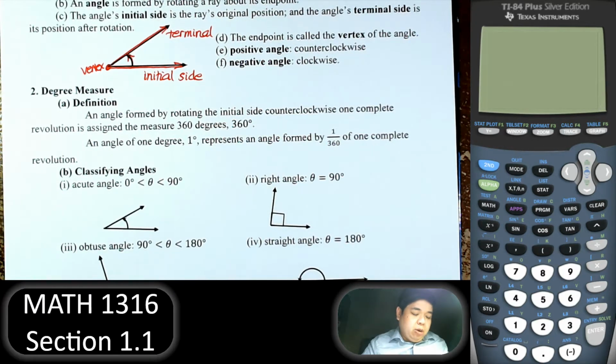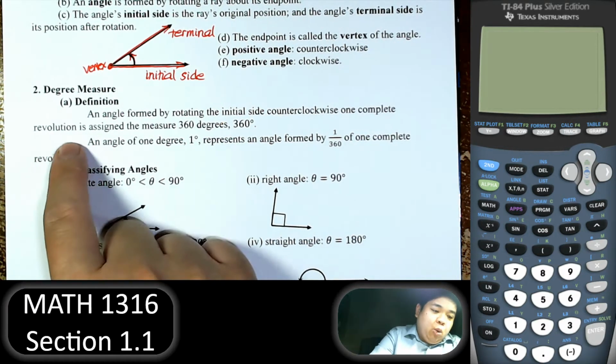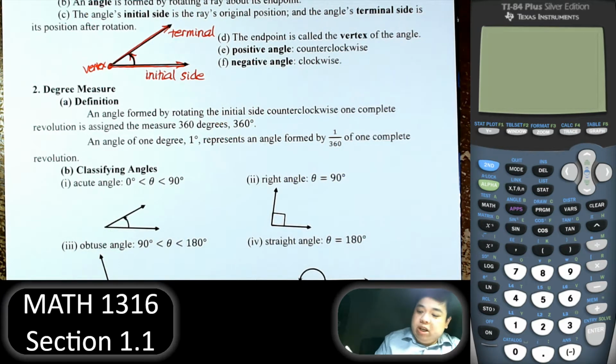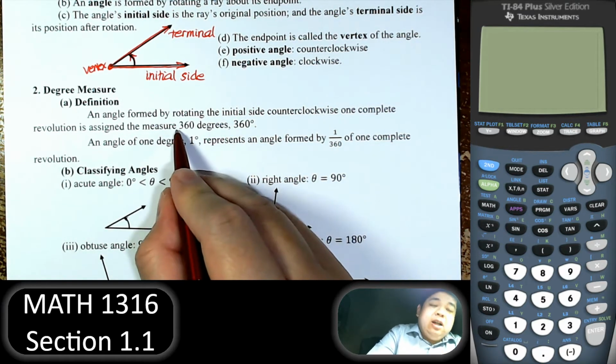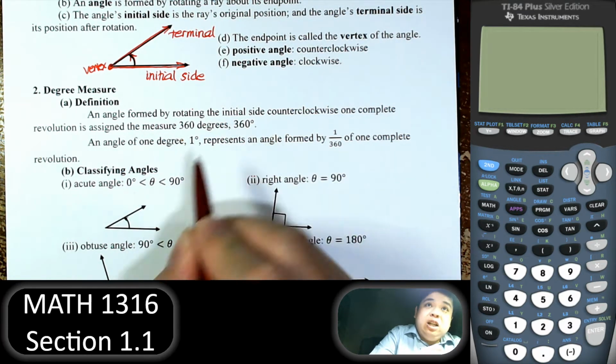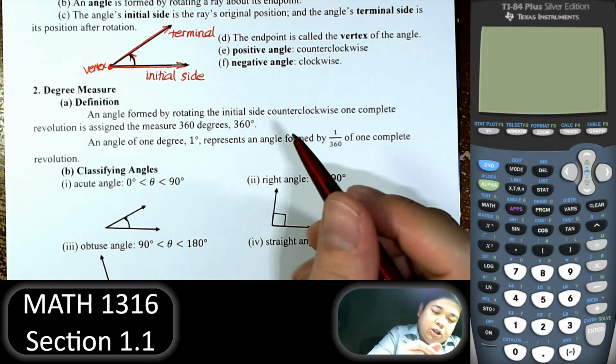Next, degree measure. We define an angle that rotates one complete revolution as 360 degrees, denoted by 360 with a little circle in the superscript.